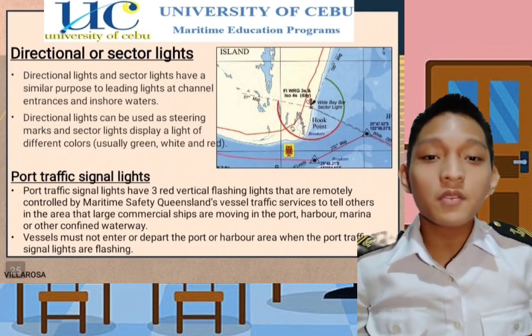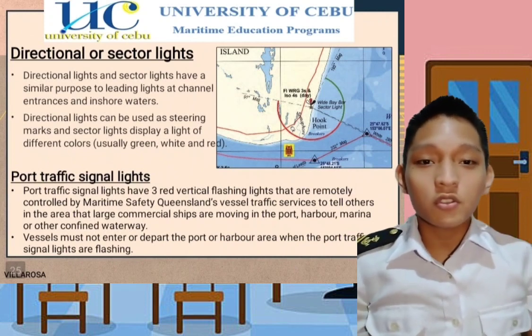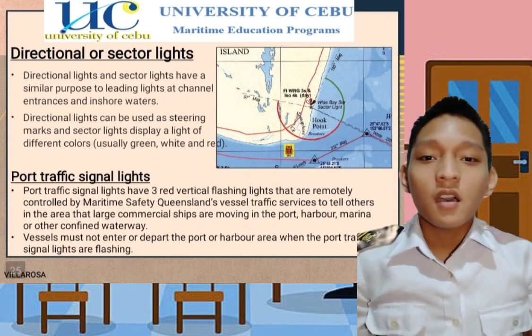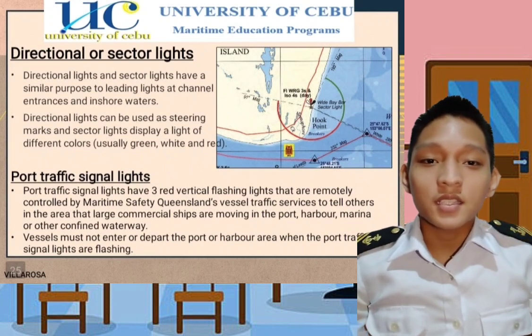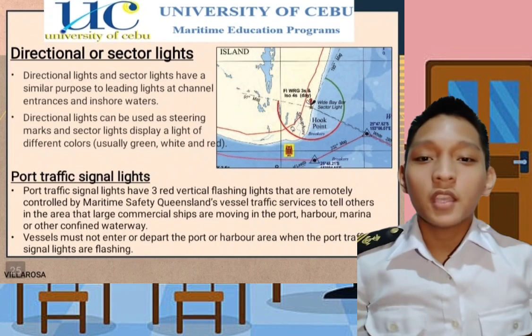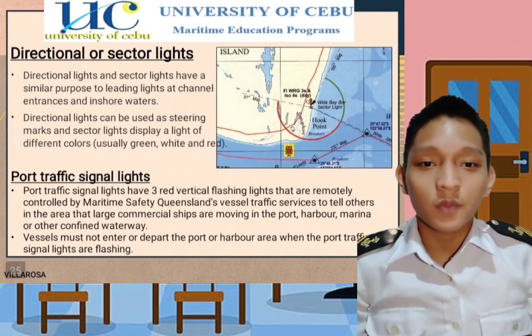These have three red vertical flashing lights that are remotely controlled by Maritime Safety Queensland's vessel traffic services, to tell others in that area that large commercial ships are moving in the port, harbor, marina, or other confined waterways.